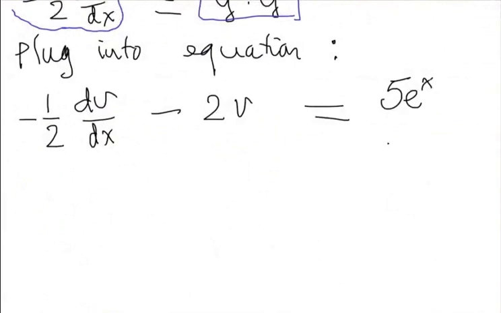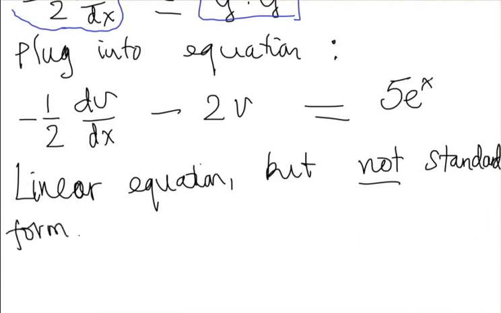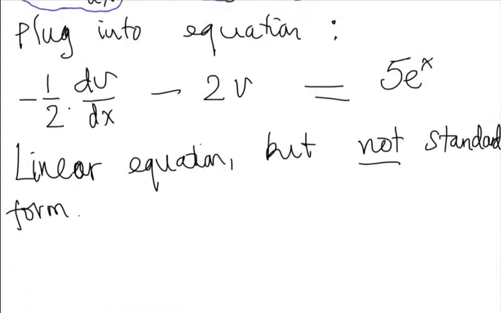So we have a new equation in the new unknown v, and this equation is a linear equation. It matches the format of a linear equation, but not standard form yet. To get the standard form, we have to make this coefficient 1, right?